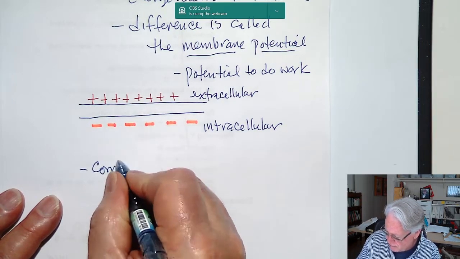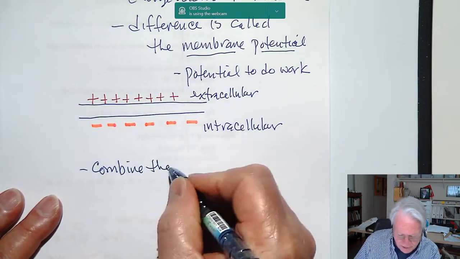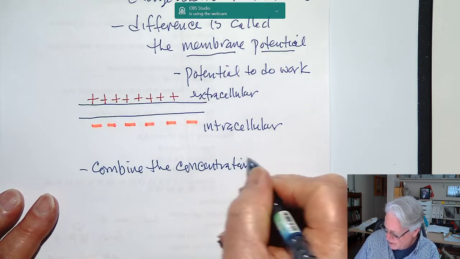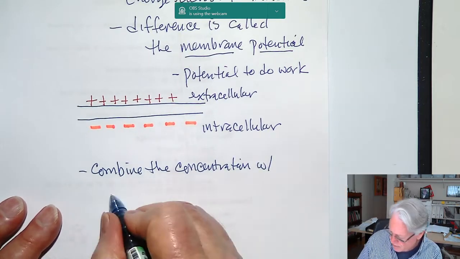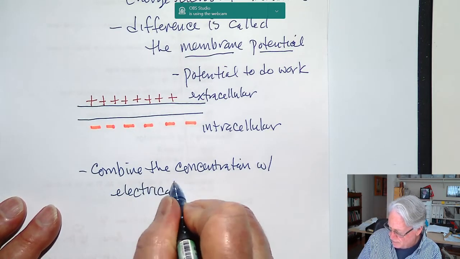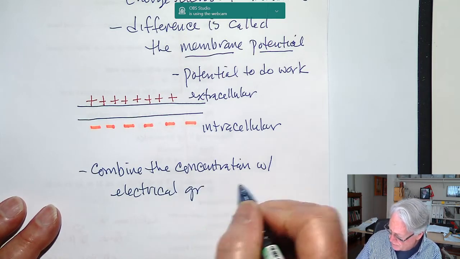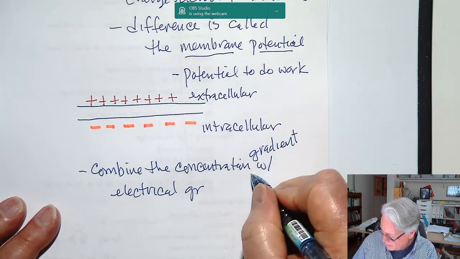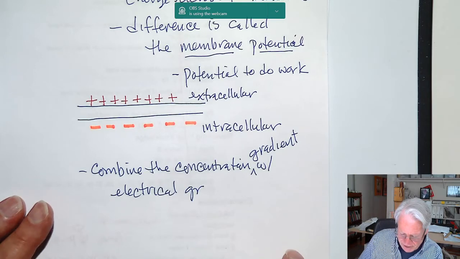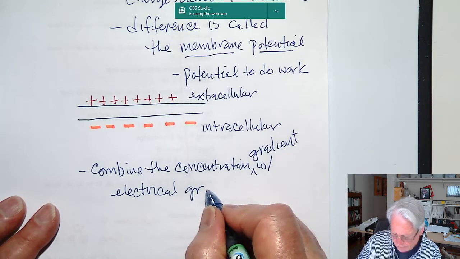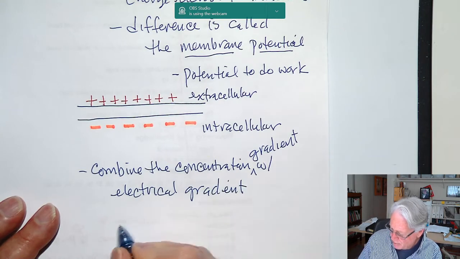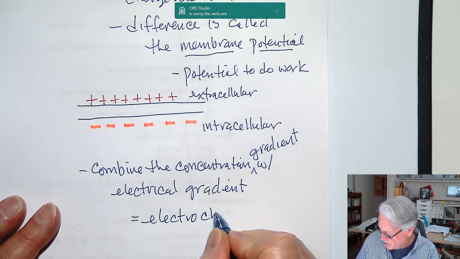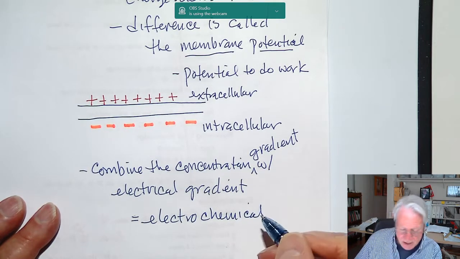So if we combine the concentration gradient with the electrical gradient, we come up with the electrochemical gradient.